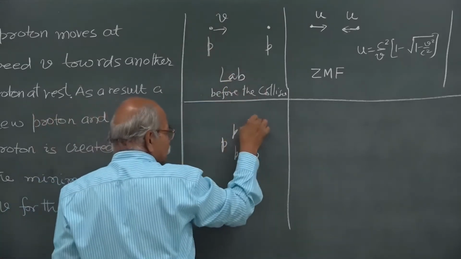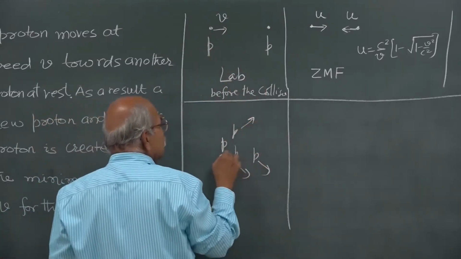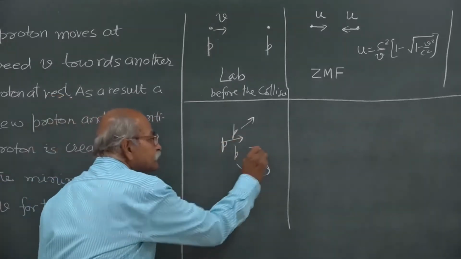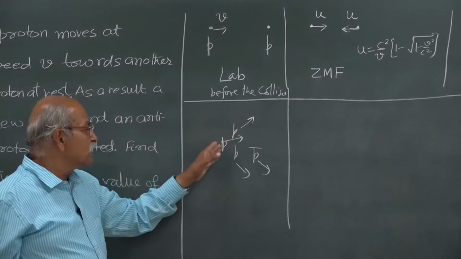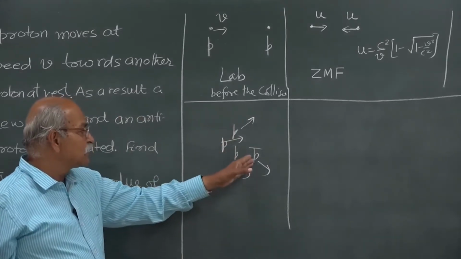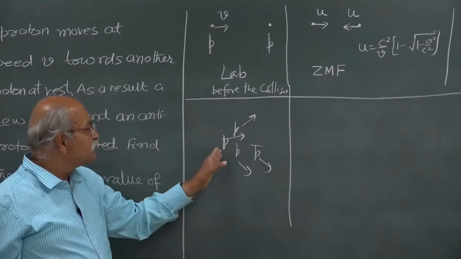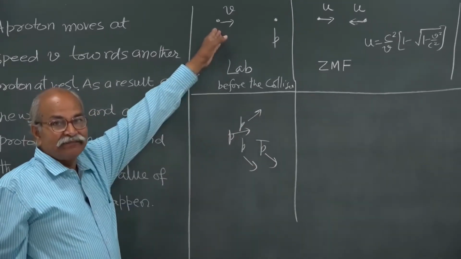I do not know which way, maybe something like this. The particles are moving, 2 original protons, 1 new proton and an antiproton, so that the linear momentum is the same as this linear momentum.